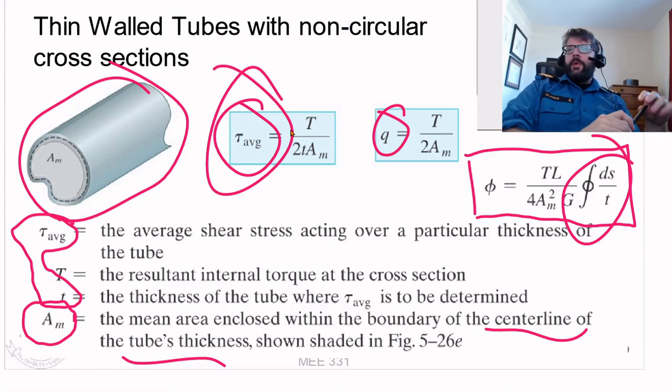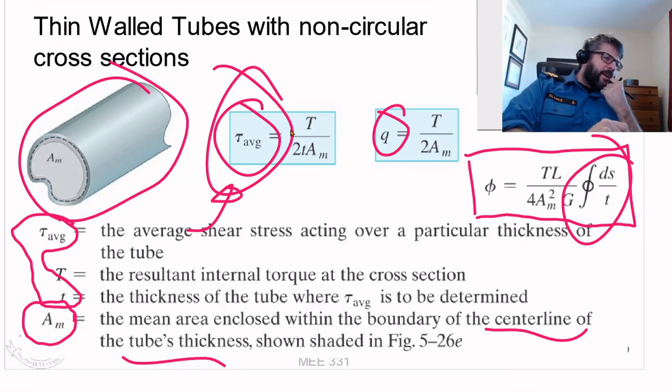Most of the time, these things are great for getting a good idea of your stresses. Some of the times, for structures like this, the localized loading conditions also come into play.